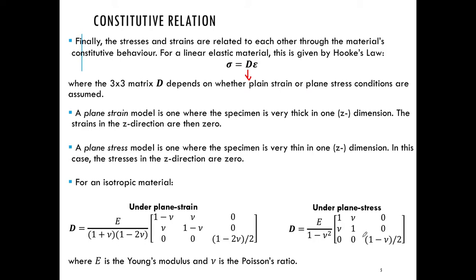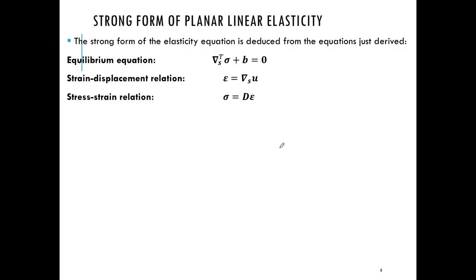Now, to tie all of this together, what do we have? We have our equilibrium equation given right here. Next, we have our strain displacement relationship, which we've already considered, and our stress strain relationship, Hooke's law. So we can substitute all of these in here. That is, first substitute epsilon into the stress strain relationship, and then substitute sigma into our equilibrium equation to get our strong form in terms of the displacement essential variable.